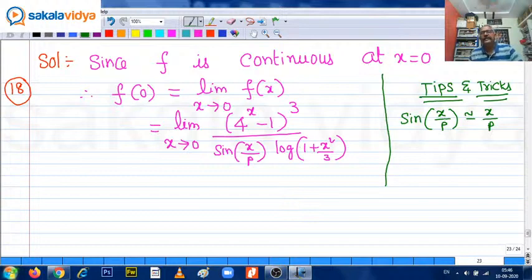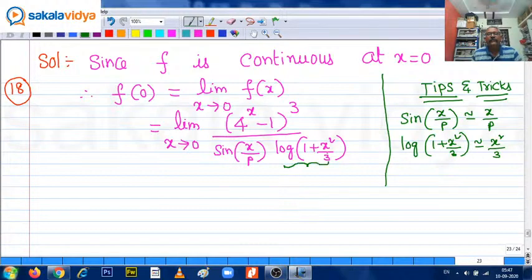Similarly, log of 1 plus x square by 3 is approximately equal to x square by 3. In the place of sine of x by p, write x by p. In the place of log of 1 plus x square by 3, write x square by 3. Now easily we can find it.